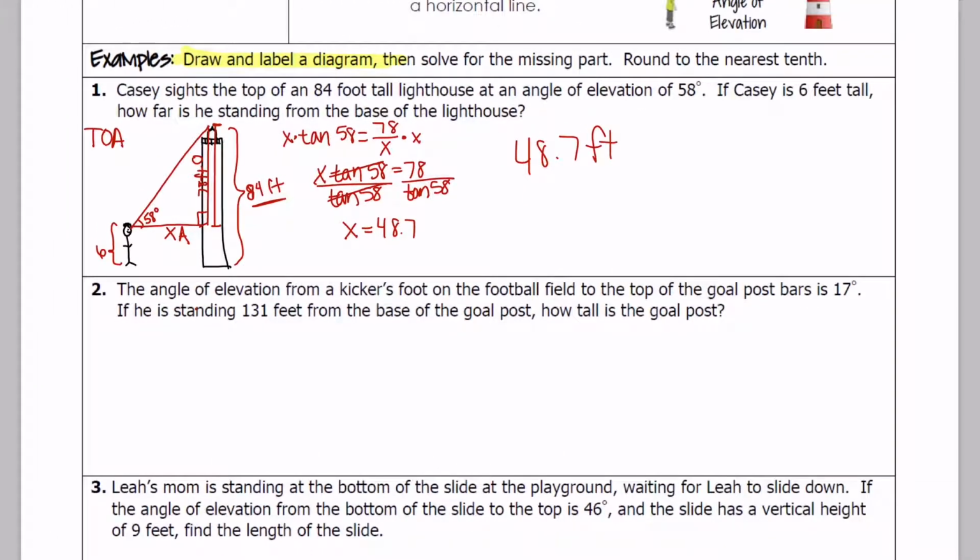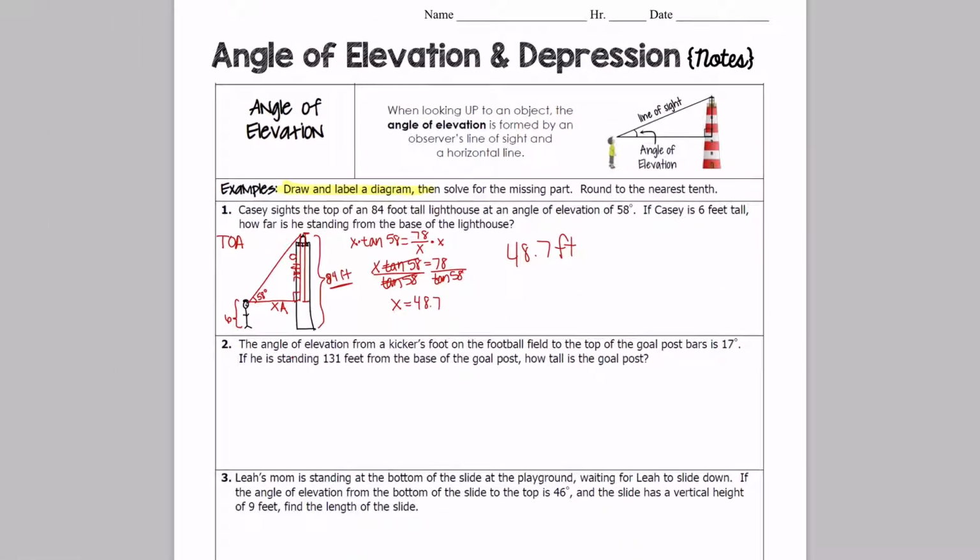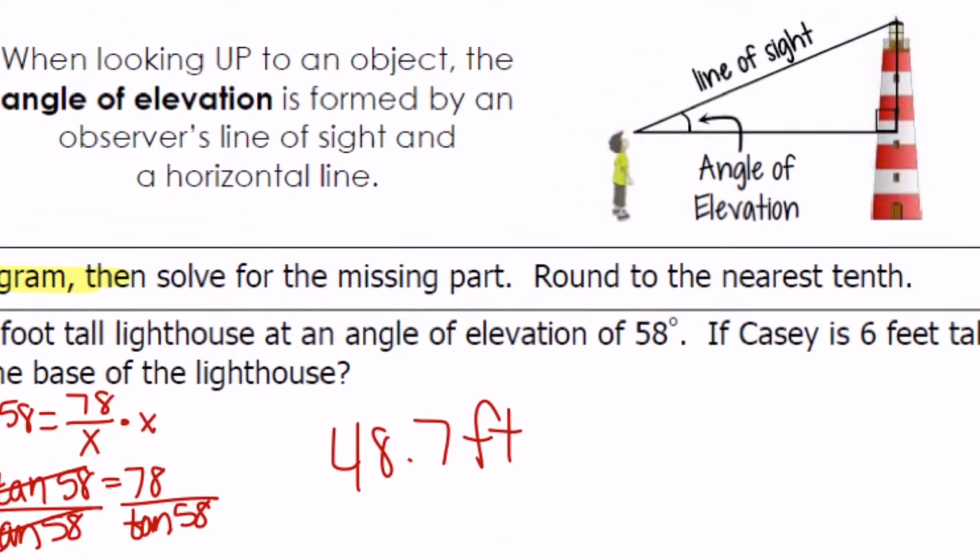So all you're doing here is taking your word problems, and using the keywords in the word problem and what it's giving you to form a right triangle and then solve for the missing piece of information. So remember, angle of elevation is when something is looking up at an object.